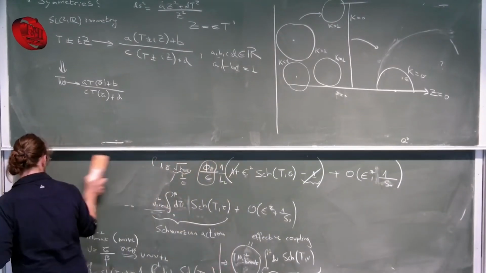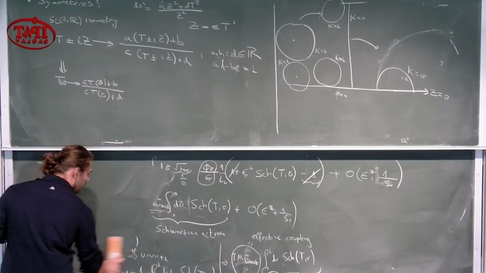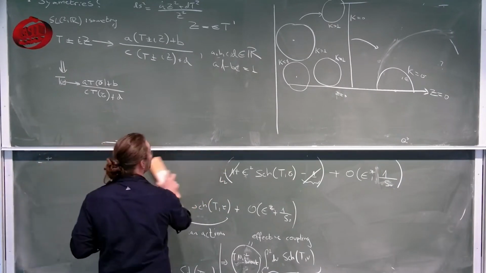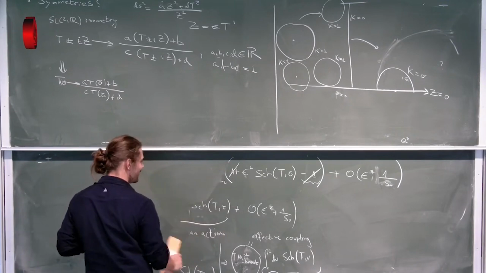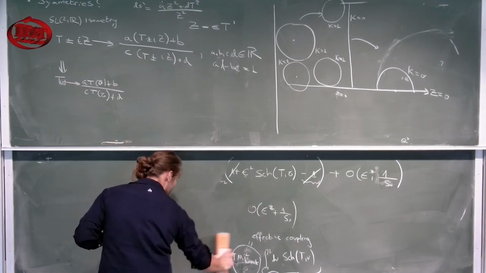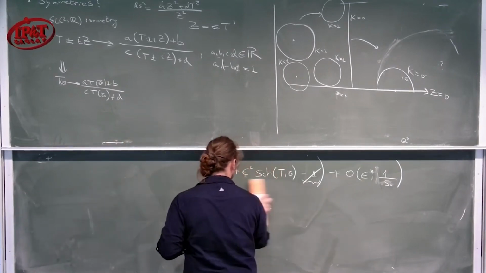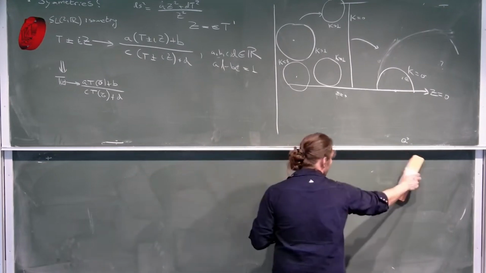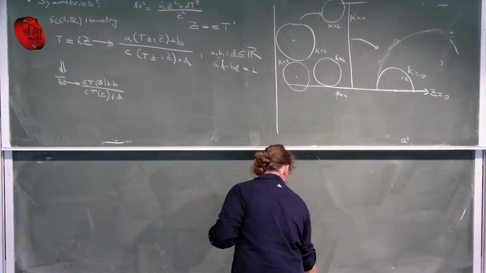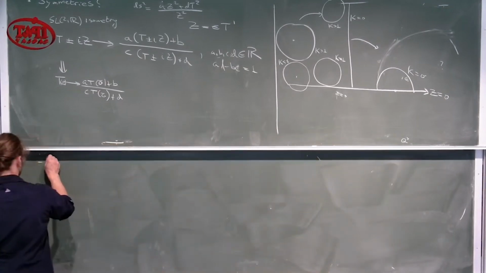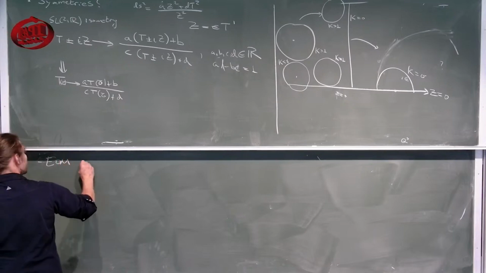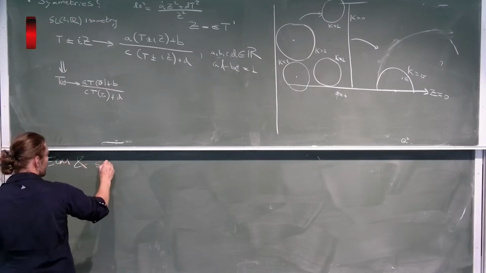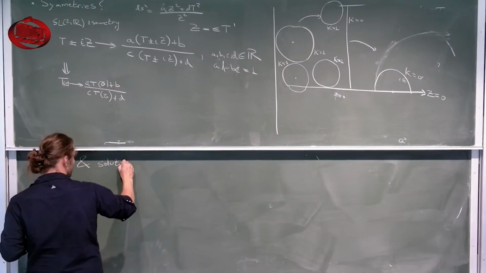Let's discuss. Suppose that we want to look for a saddle point of this action that I just erased. What curve describes such saddle points? So, what are the equations of motion and solutions to the equations of motion?